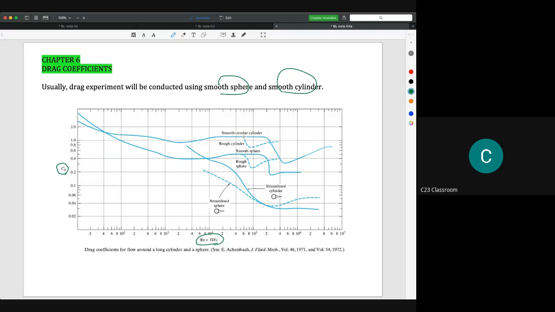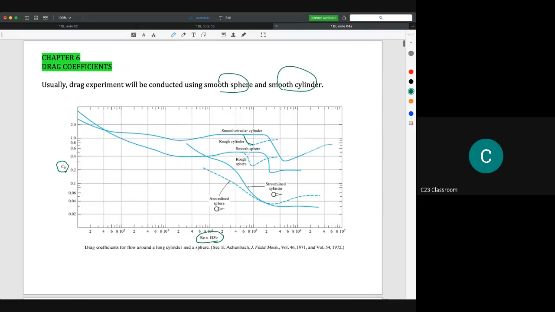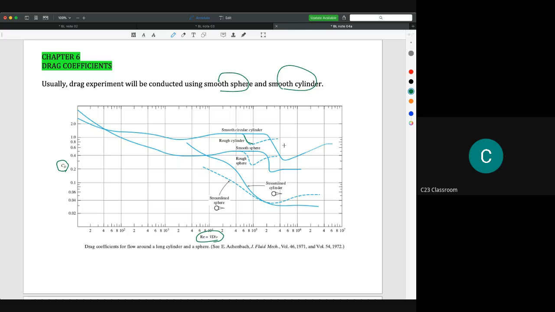This is the smooth cylinder, and the dotted line is for the rough cylinder. Then this is for the rough sphere, the straight line here is the smooth cylinder, and the dotted line here is the smooth sphere.